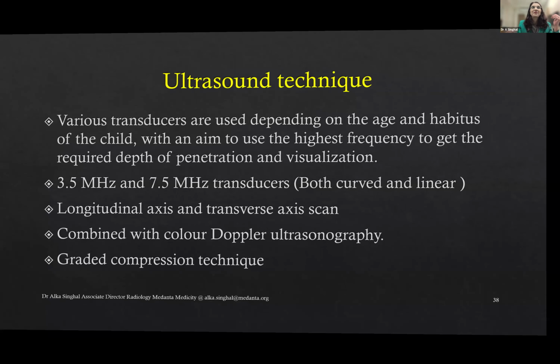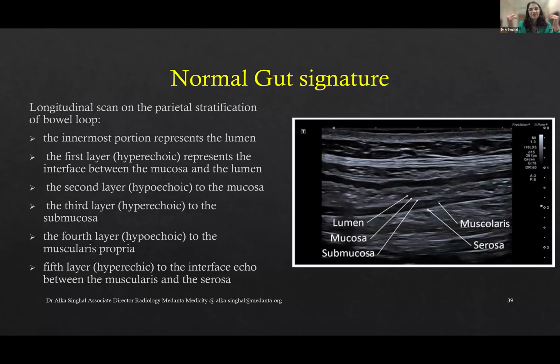So let's understand the normal gut signature. The normal gut has the innermost portion, the lumen, then the first layer, hyperechoic, is the mucosa, then the second hypoechoic is the muscular layer, then again you have a muscular layer and then a hyperechoic layer.